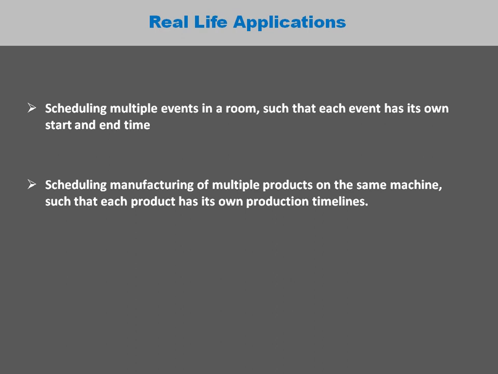Where activities share resources which can be used by only one activity at a time, we use the activity selection problem. For example, a tennis court or a lecture hall: at a time within a single hall we can execute only a single lecture.